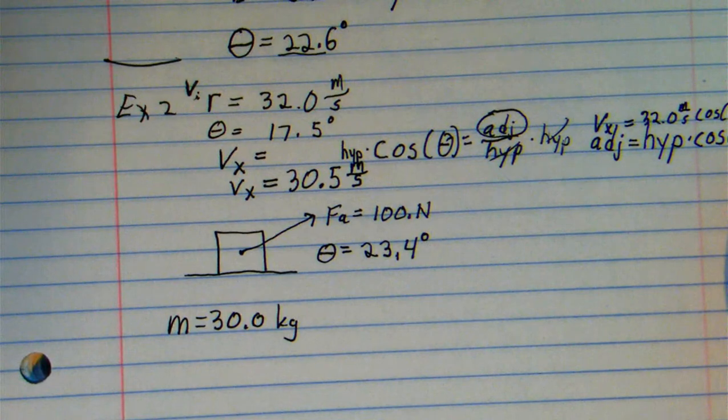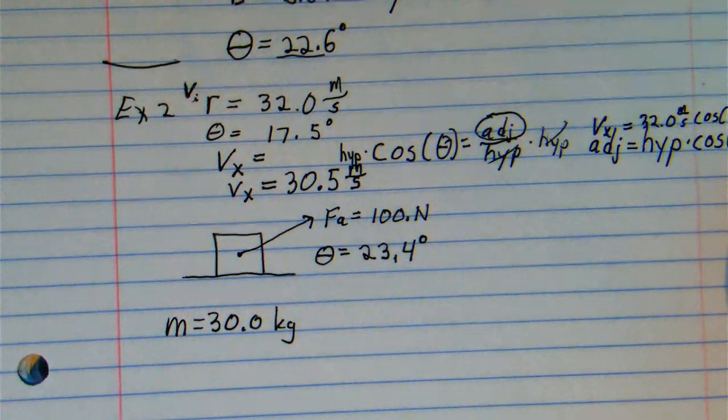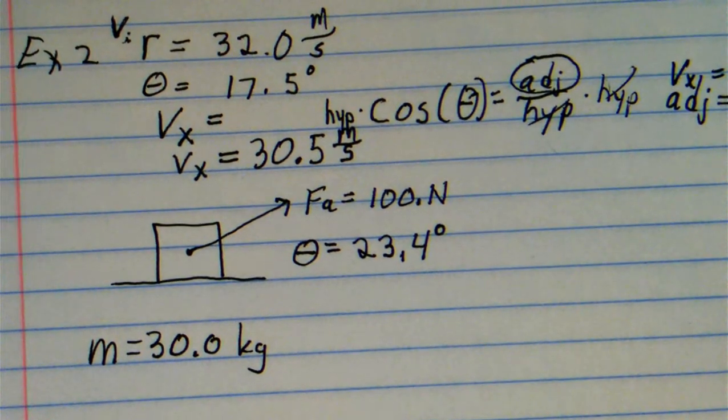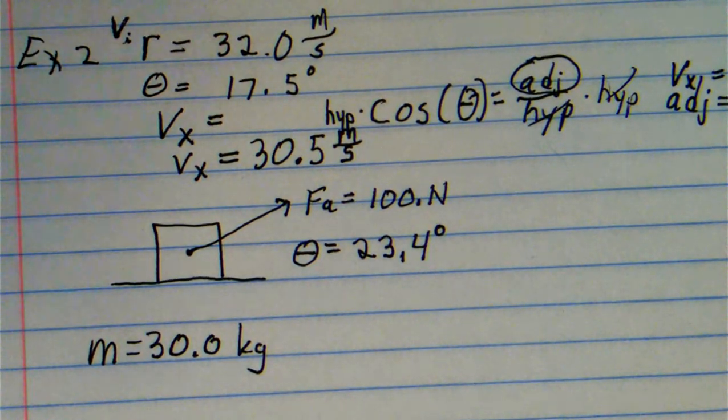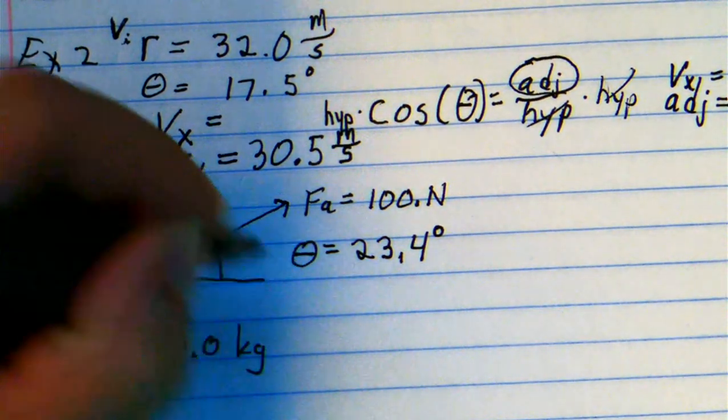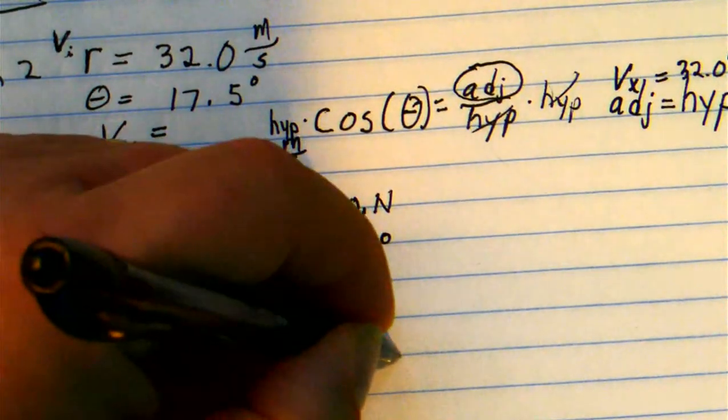This is the sort of physics problem that we used to have our students struggle with every year. So now my question is, what is the x component of this applied force?